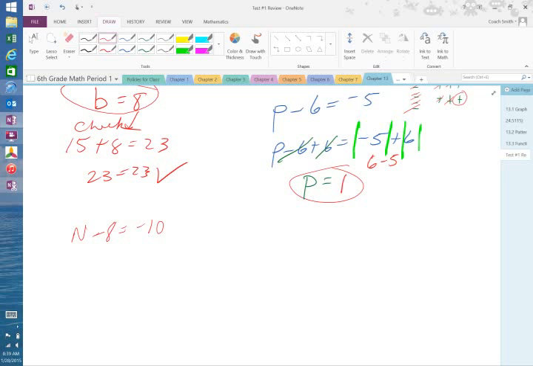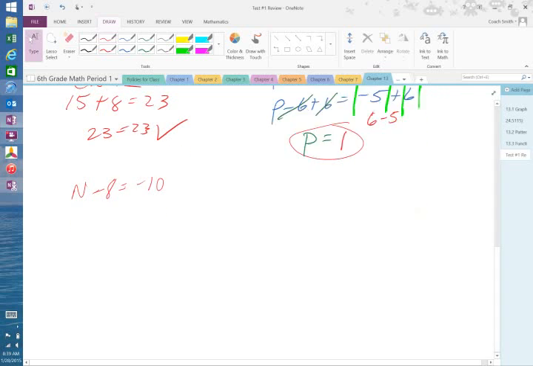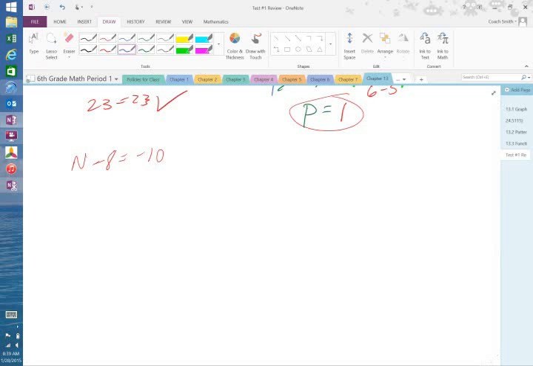Emily, what'd you get? Negative 2? Yep, it is correct. Here's why. You take n minus 8 plus 8 equals negative 10 plus 8. It's very similar to what we just did.